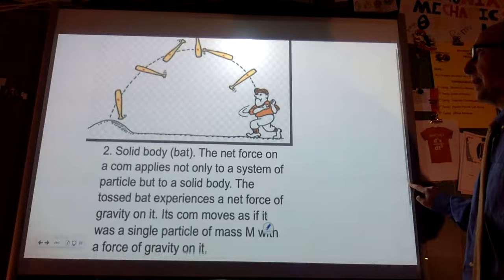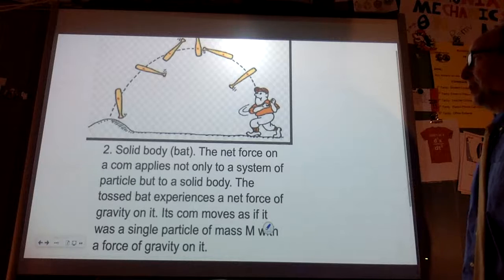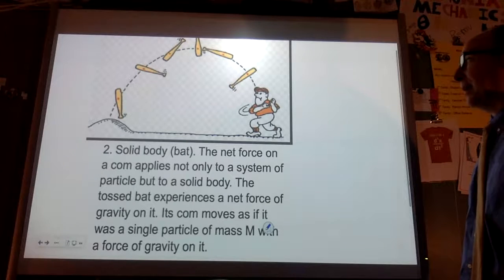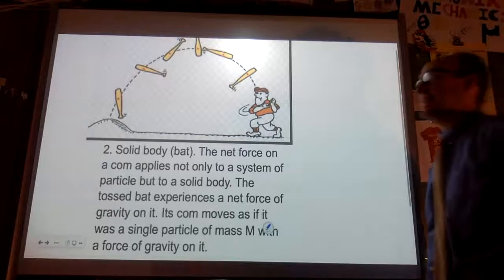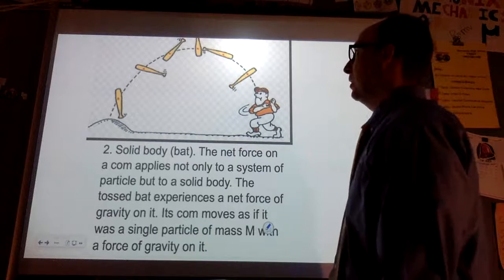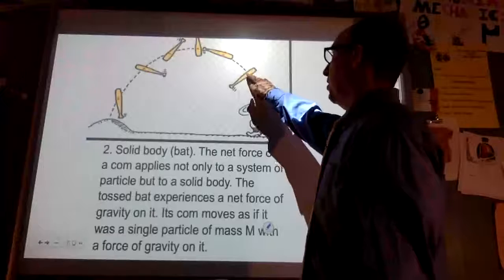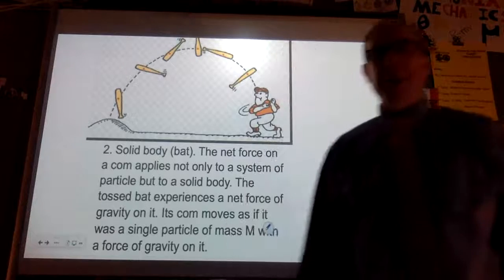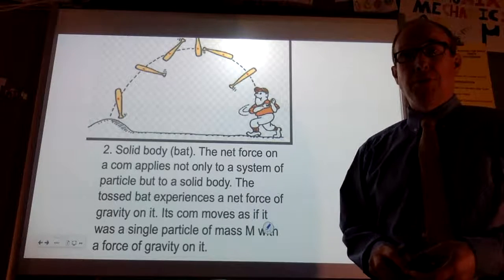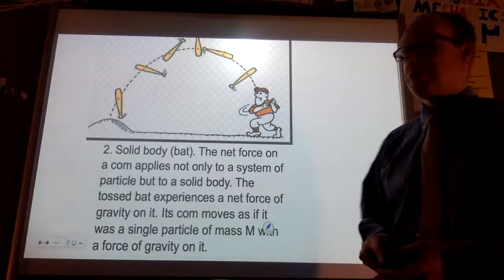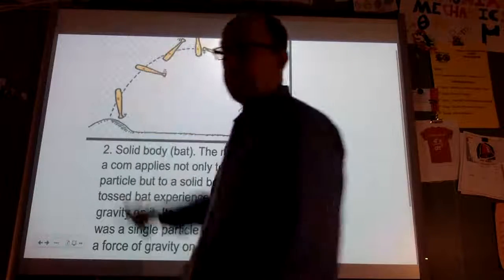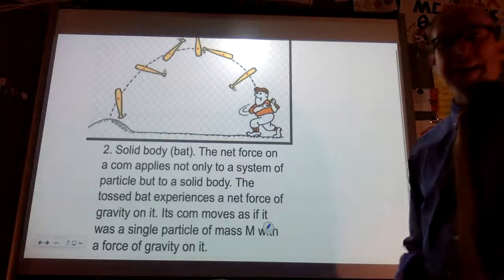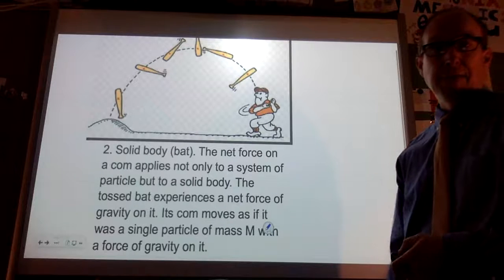Another example would be a solid body. Here he lets loose of the bat. As soon as he does, we're going to ignore air resistance and say this is a projectile. Now the center of mass acceleration is not 0, it's g, and so this velocity is going to change based on this constant acceleration that it feels.